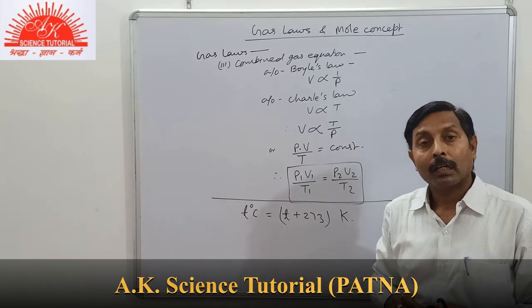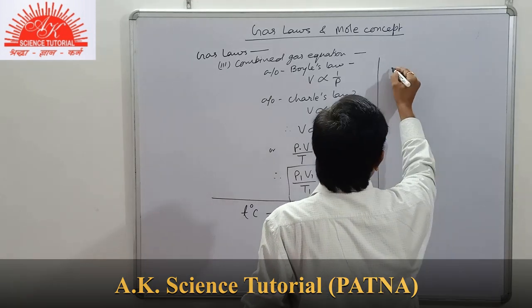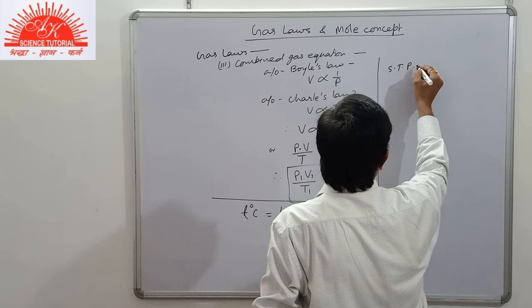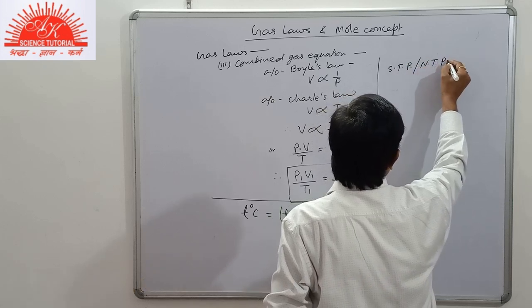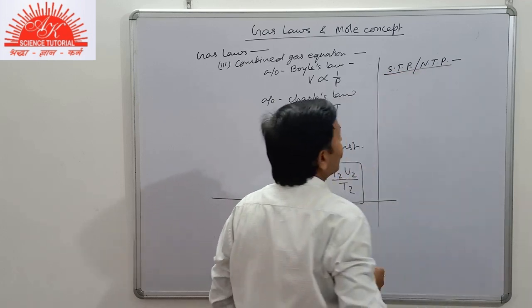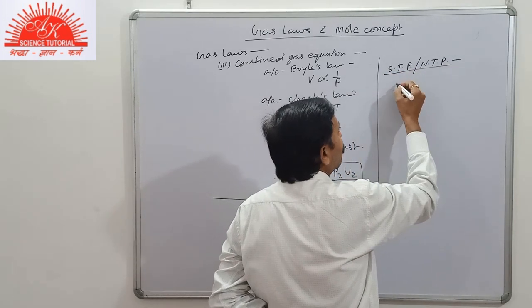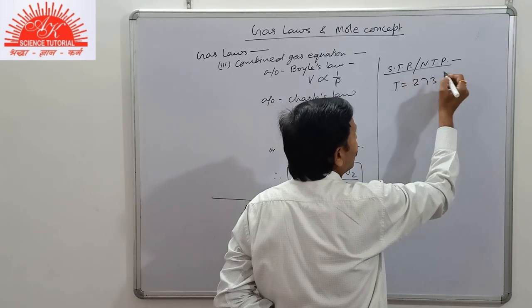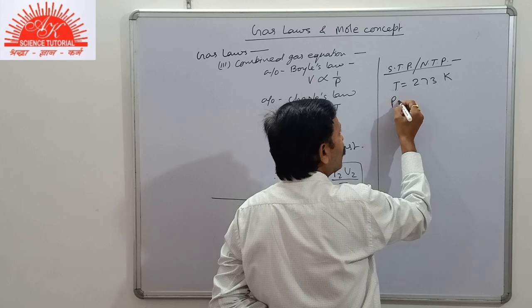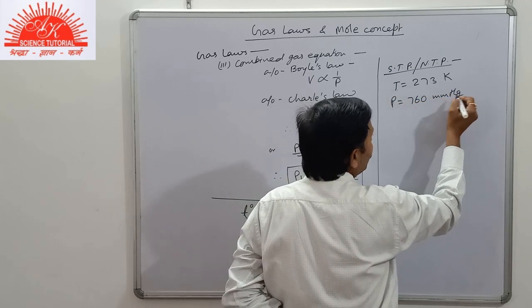Similarly, you have used STP or NTP, that is standard temperature and pressure or normal temperature and pressure, in which there is a fixed value of temperature, that is 273 Kelvin, and that of pressure is 760 mm of Hg.